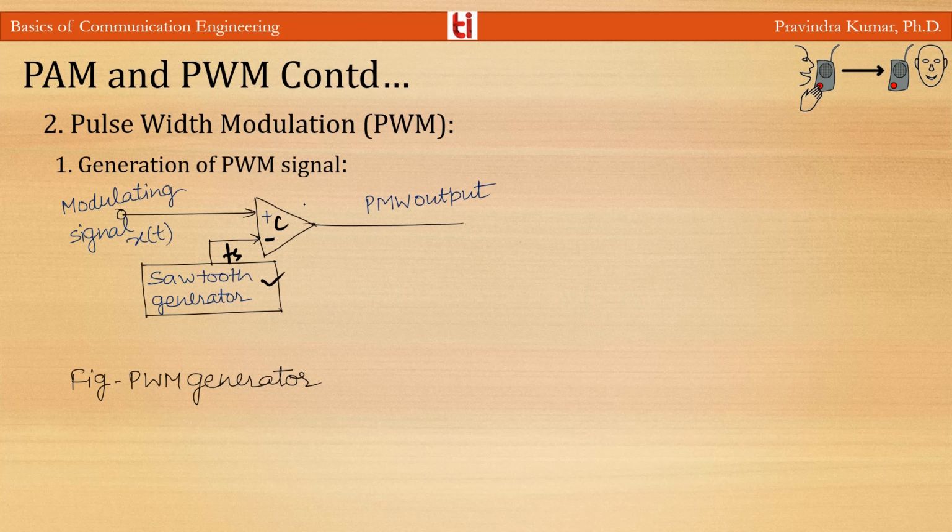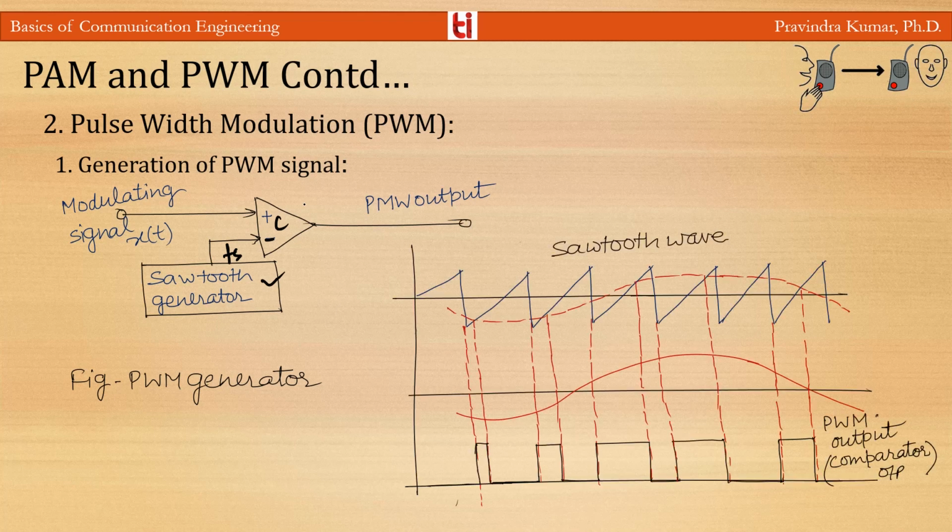The comparator output will remain high as long as the instantaneous amplitude of xt is higher than the ramp signal, and this gives rise to a PWM signal at the comparator output. So as you can see in this figure, this is the sawtooth wave, the ramp signal, and the pulse will be high whenever it is high. So we will get different pulse durations.